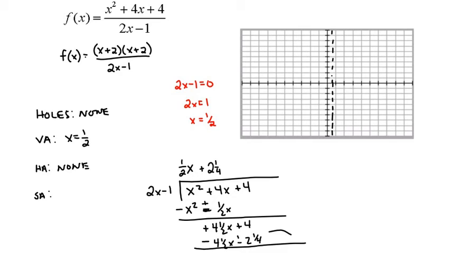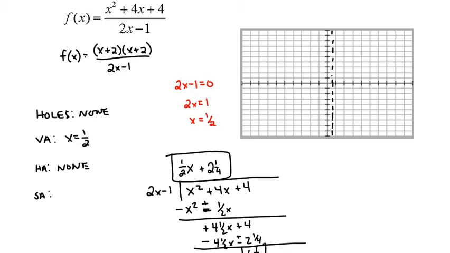Change the signs, so it becomes 6.25. I don't even care about the remainder though, I really only care about this piece.